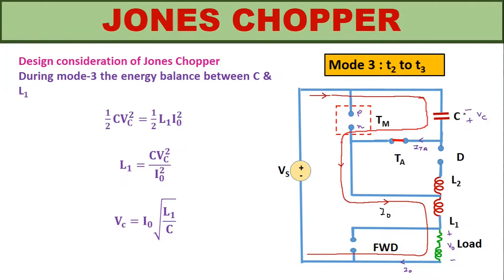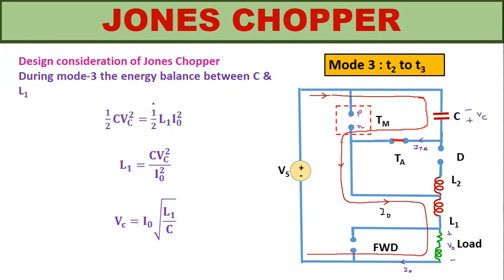We know that the formula for the energy stored in the capacitor is half into C into Vc square, and the energy stored in the inductor is half into the inductance L1 and the current flowing through this inductor, I naught. So half into L1 into I naught square we can take.